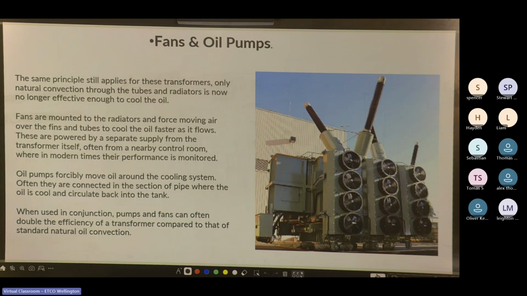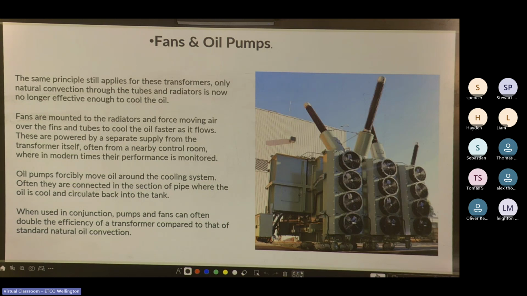Cool. Fans and oil pumps. So the same principle still applies for these transformers, only natural convection through the tubes and radiators is now no longer effective enough to cool the oil. Fans are mounted to the radiators and force moving air over the fins and tubes to cool the oil faster as it flows.